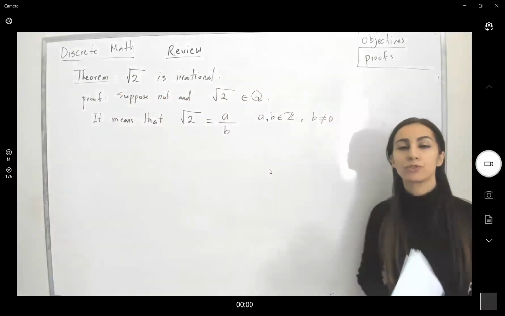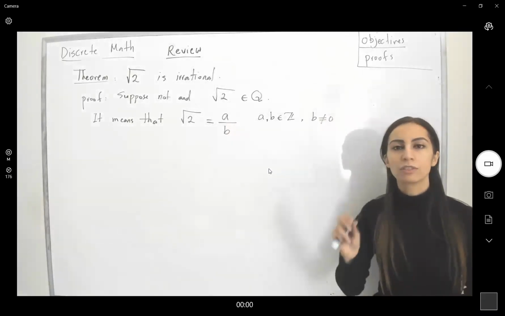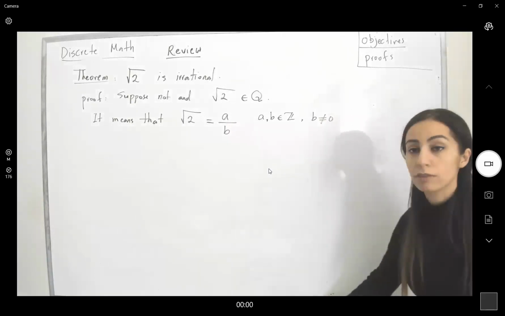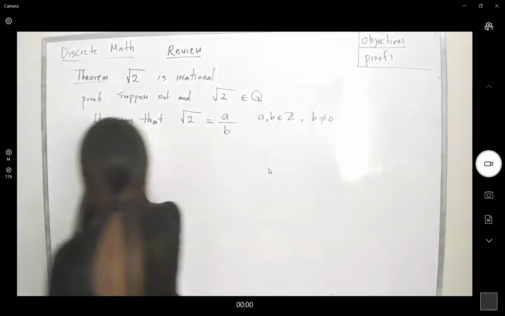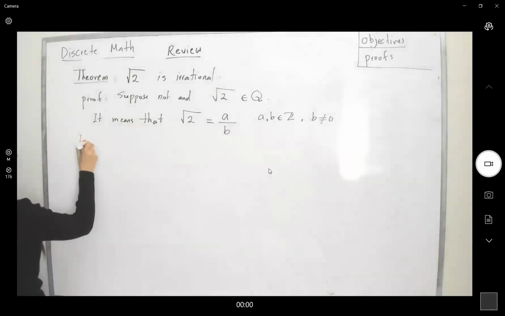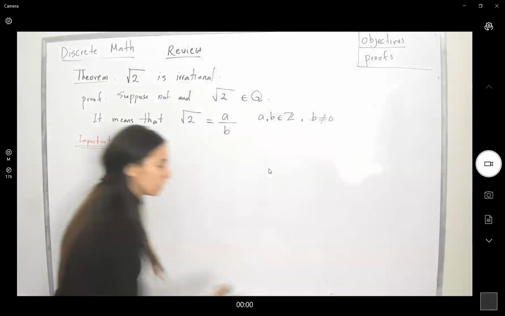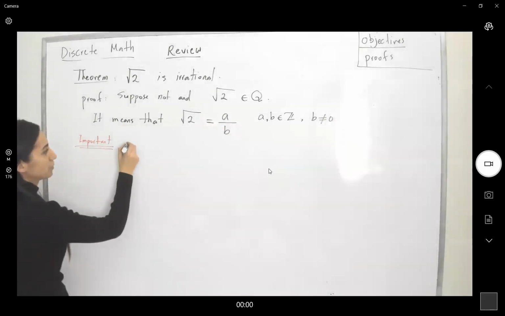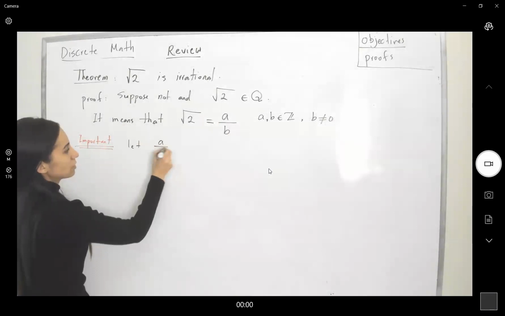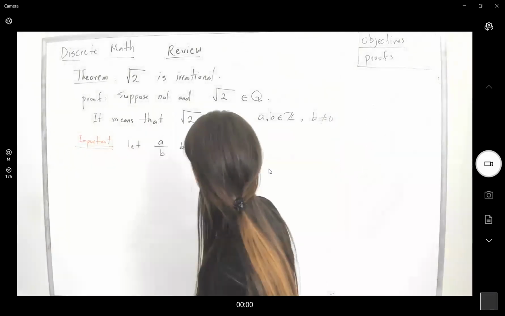Now what I'm going to do, I'm going to write this fraction in reduced form. So this is a very important step. Let a divided by b be in reduced form.